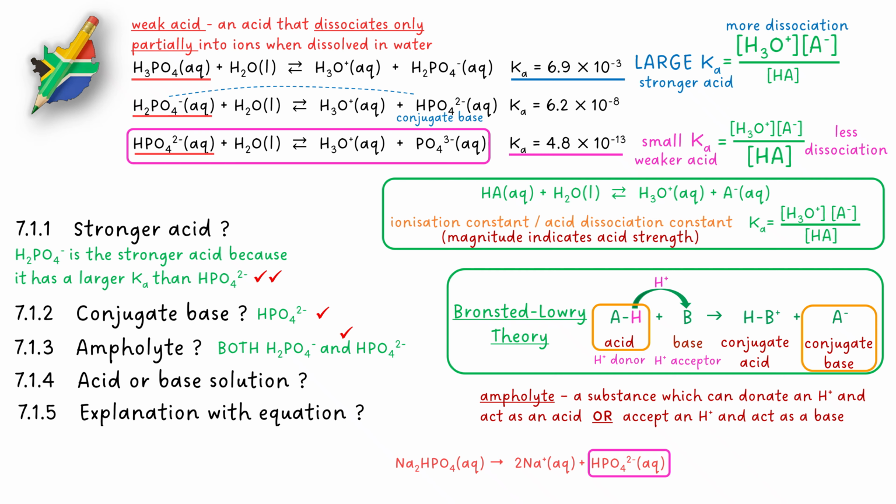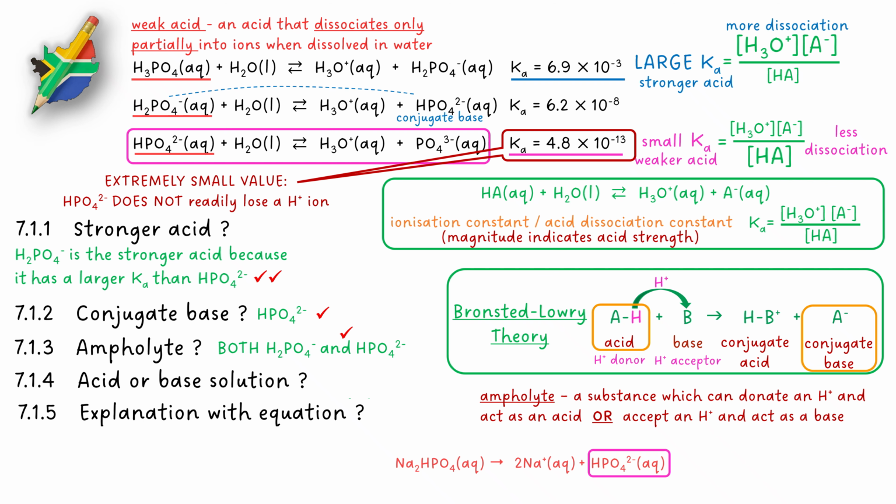In the third equation, we saw that it can act as an acid as it donates a hydrogen ion to water and forms hydronium ions. But notice that the Ka value for this equation is extremely small, and so although this reaction does happen in water, it hardly happens. HPO4-2- does not readily lose a hydrogen ion.